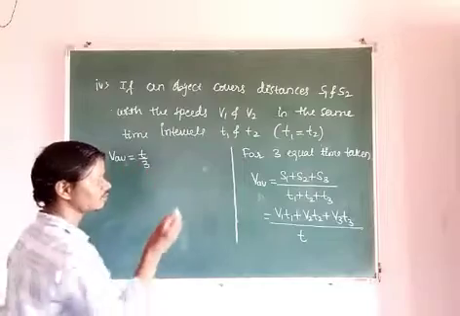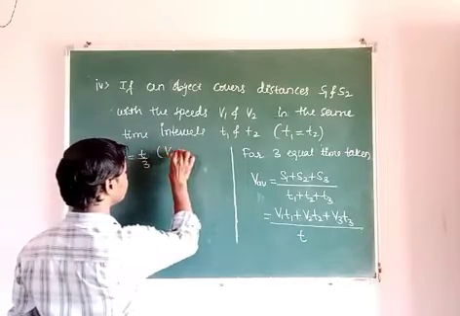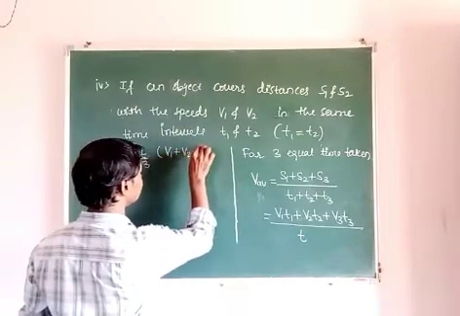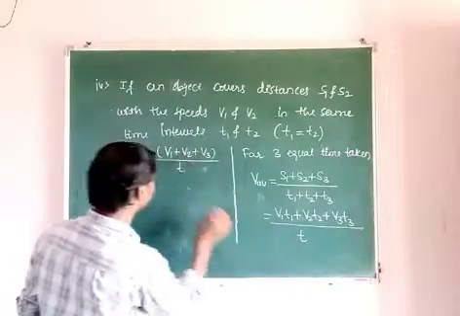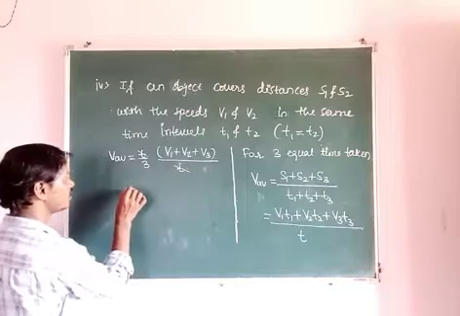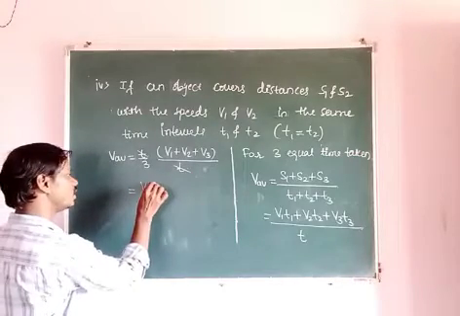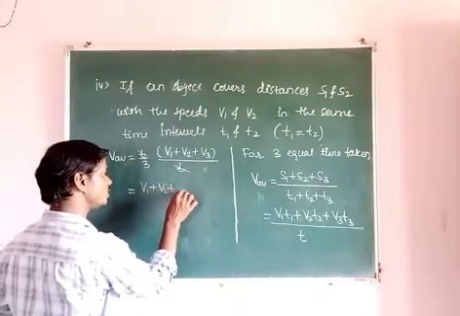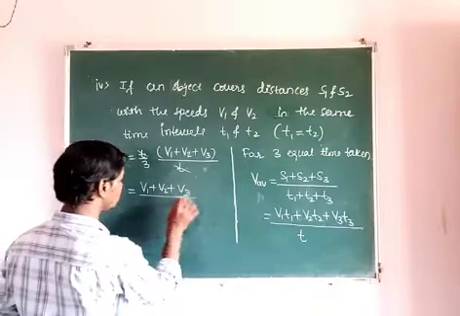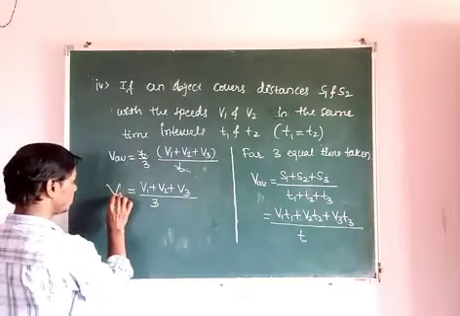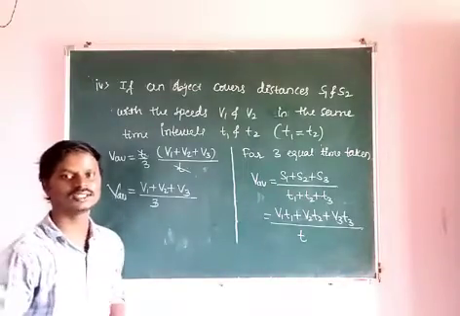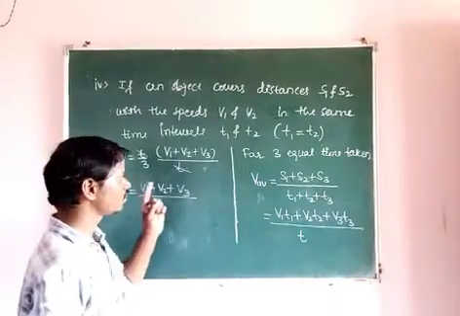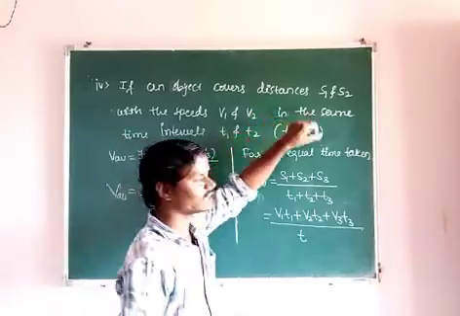I will write directly, in brackets V1 plus V2 plus V3, divided by T. Then T gets cancelled. Then V1 plus V2 plus V3 divided by 3. It is the formula used to find the average speed of the object if it took 3 equal times.